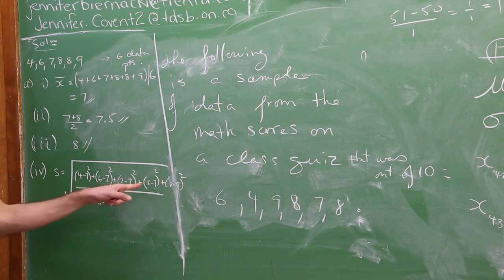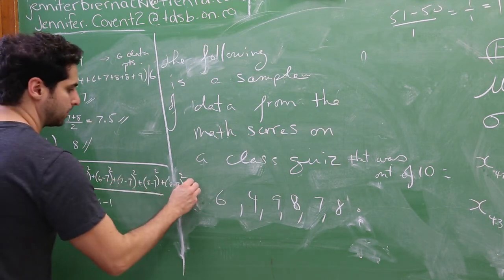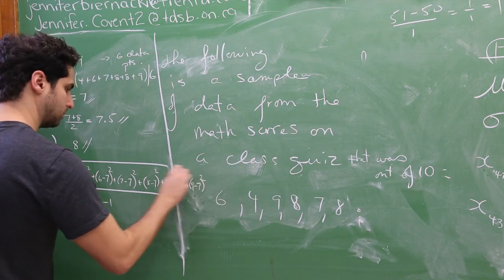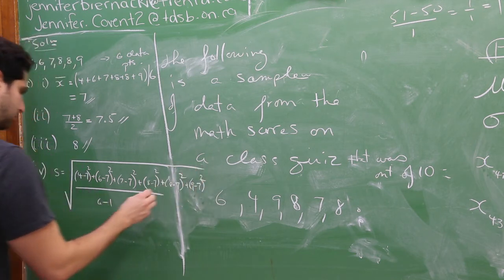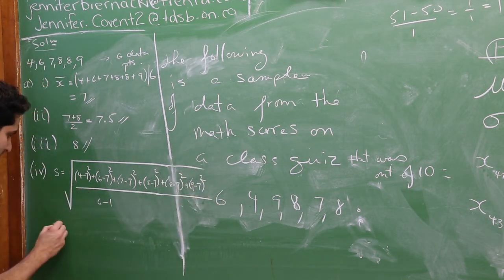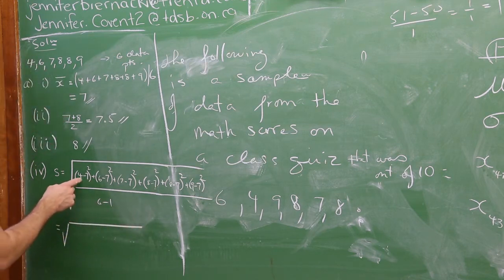Instead of doing this, I could have just put a times 2, right? Because there are a couple of these. Oh my goodness, this is awful.